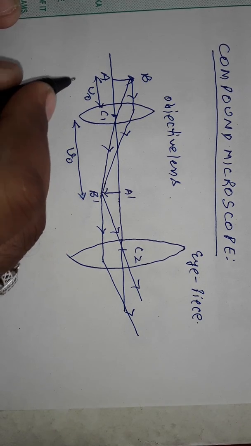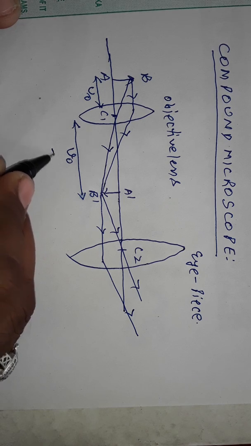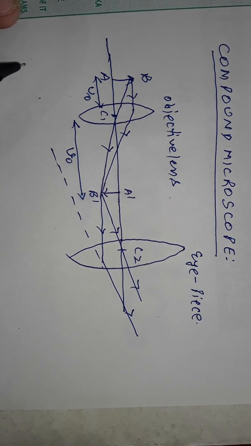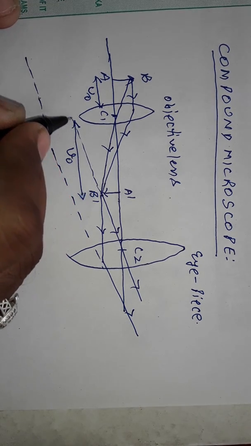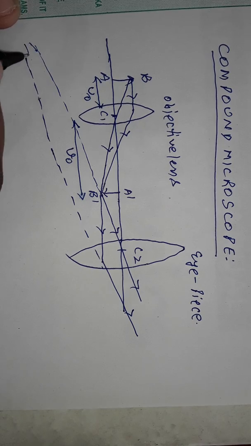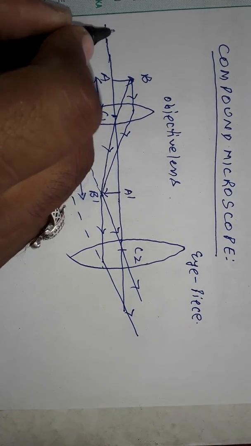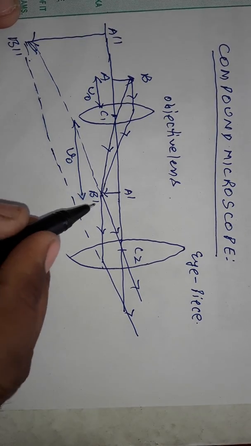It is produced backward. It is also produced backward. So at this point, final image A double dash B double dash is formed.